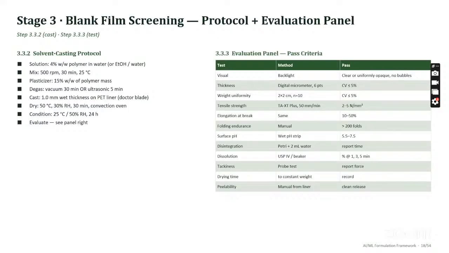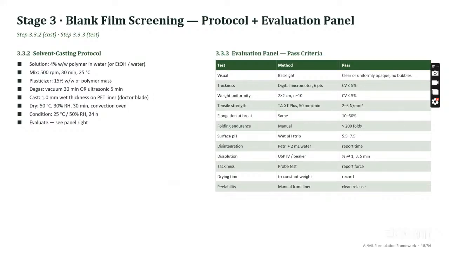Next, blank film screening. In blank film screening, we cast blank films by a standard protocol and run them through a 12-test evaluation: visual, thickness, weight uniformity, tensile strength, elongation at break, folding endurance, surface pH, disintegration, dissolution, drying time, and peelability.